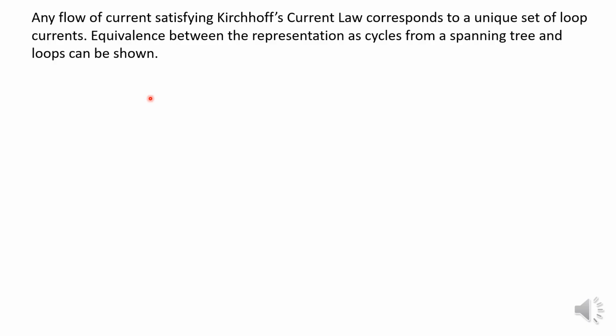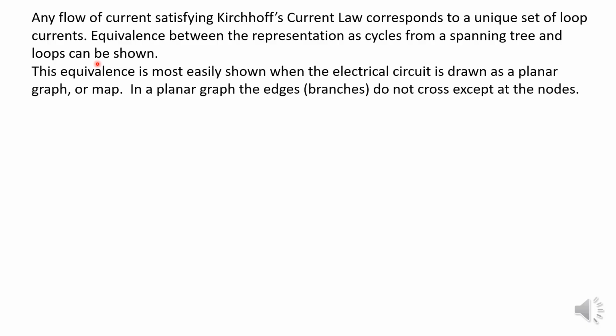As I mentioned, any flow of current satisfying Kirchhoff's current law corresponds to a unique set of loop currents. Equivalence between the representation as cycles from a spanning tree and loops can be shown. We'll show that later on.